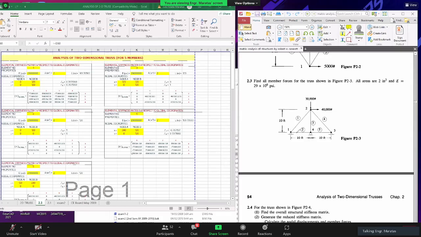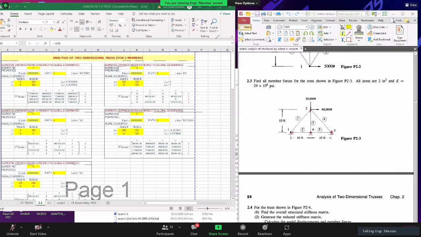Okay? So for your expected structure stiffness matrix, how many nodes are there? 4 nodes, no? 1, 2, 3, 4. So the overall structure stiffness matrix should be 8 by 8, correct? Okay, because per node there are 2 degrees of freedom.